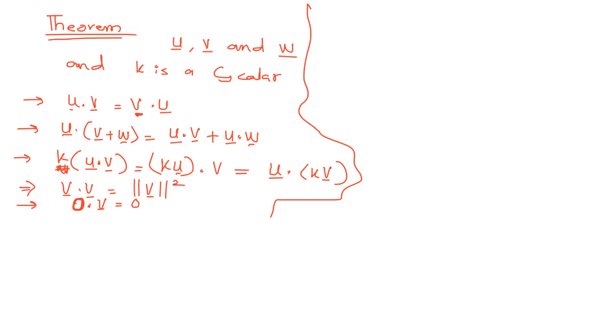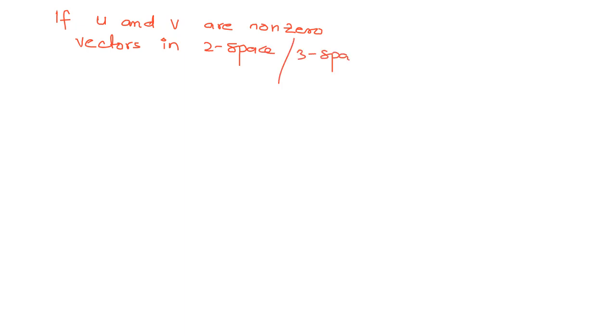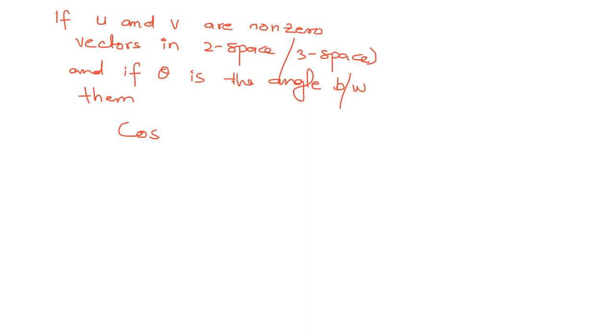And one more thing: if two vectors are given to you, if u and v are non-zero vectors in two space, or you can say three space, and if theta is the angle between them, how can you find the angle?